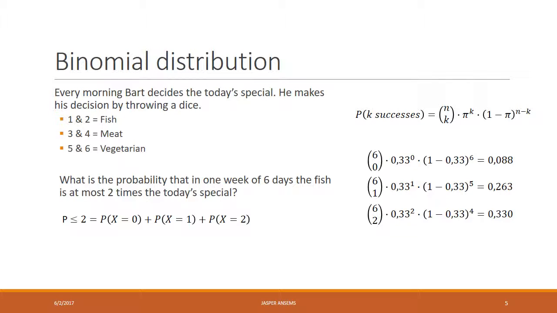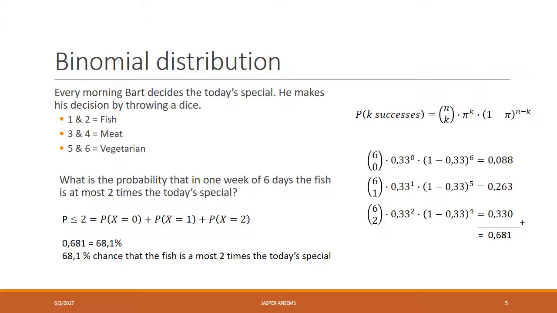First x is 0, then x is 1 and x is 2, as shown. When we add these numbers up, we get a total of 0.681, and 0.681 is 61.1%, so there is a 61.1% chance that the fish is at most 2 times today's special.